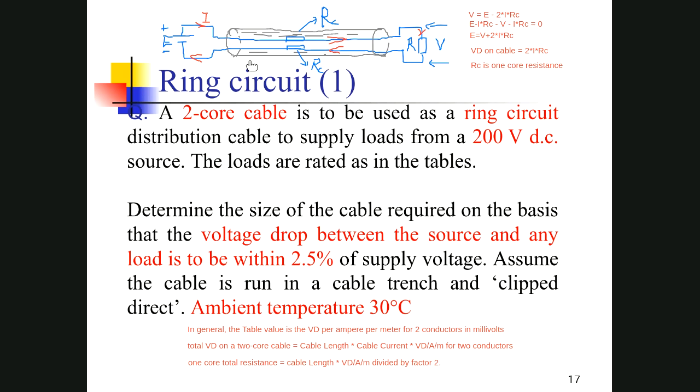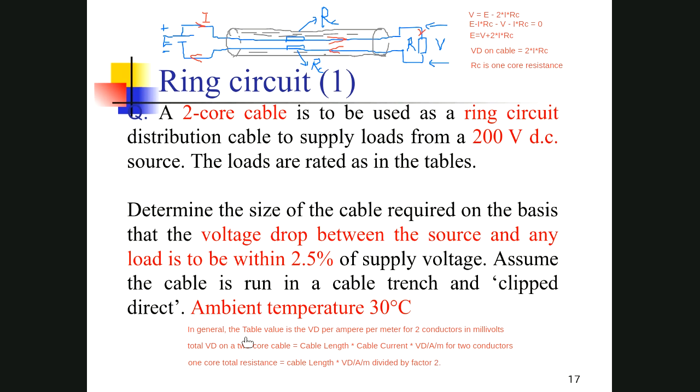In the diagrams, try to understand the meanings of voltage drops, the relationships between the source voltage, the voltage drops on the cables, and the voltage to the load. Now here, if you're using the table values to estimate the voltage drops, you should understand the meanings of the values in the tables.